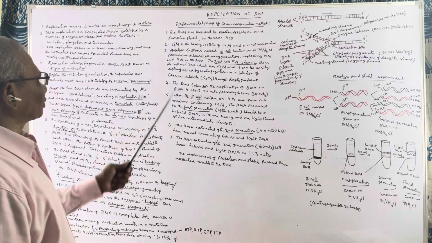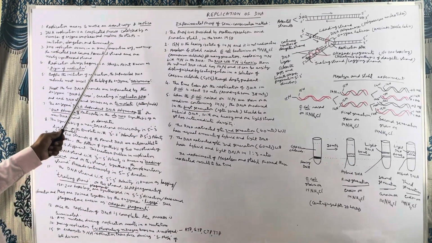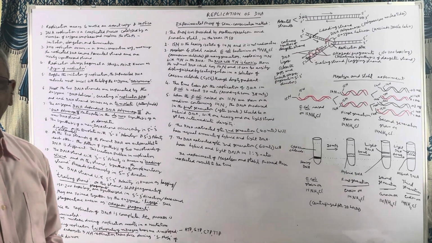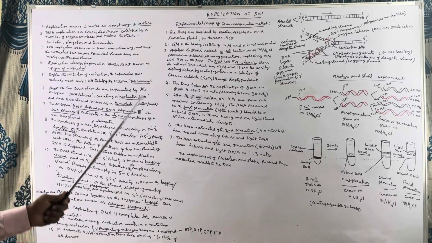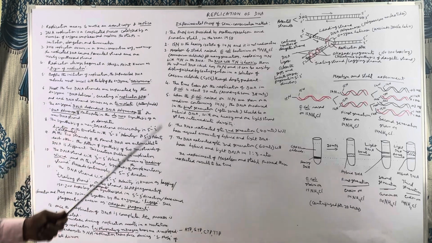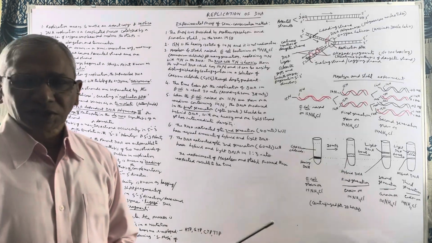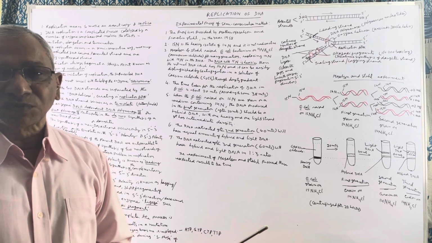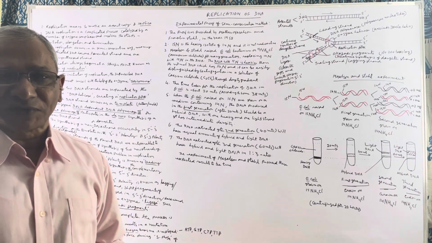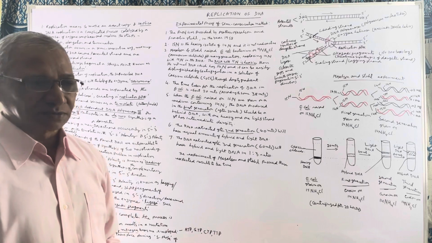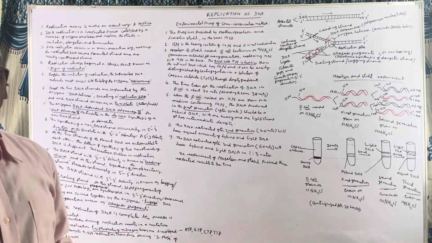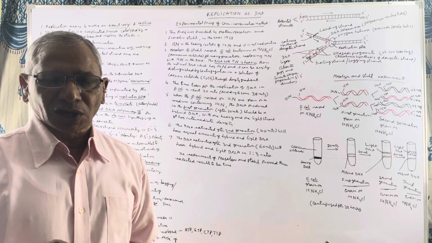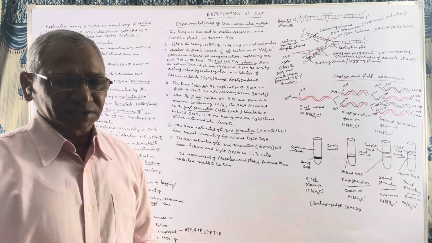Then coming to replication of DNA. It's a very complicated process and involves a number of enzymes. And in eukaryotes, replication takes place during cell division, during S phase of cell division. During other times, the DNA remains in a highly coiled state or in a supercoiled state.